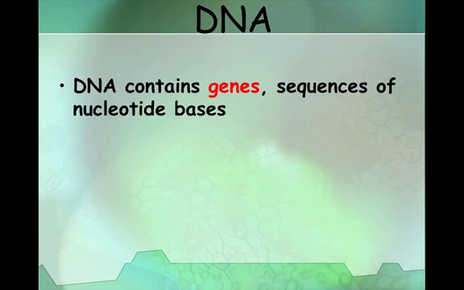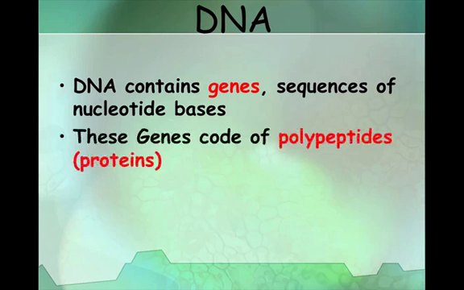DNA contains genes, which are in turn sequences of nucleotide bases. And we're going to examine a nucleotide once again here. You've already learned it in Chapter 2, but we will be reviewing it in Chapter 12. These genes code for polypeptides.